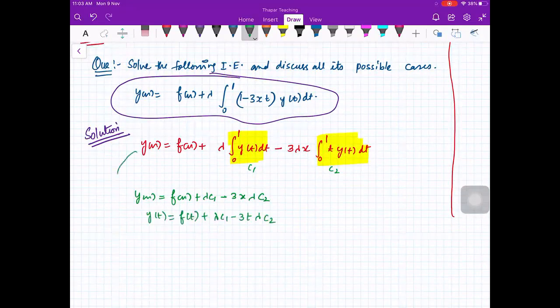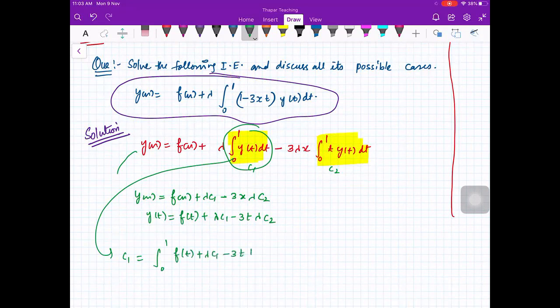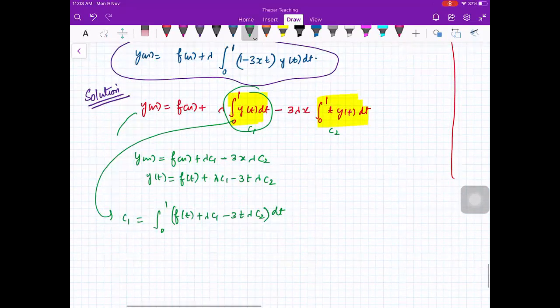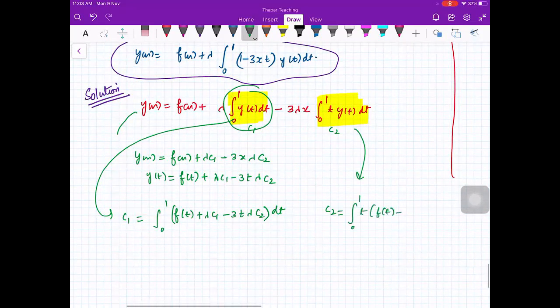So you put it here, you'll get C1 is equal to integral 0 to 1 of f of t plus lambda C1 minus 3t lambda C2 dt, and you put it here, you'll get C2 is equal to integral 0 to 1 of t times f of t plus lambda C1 minus 3t lambda C2 dt, right?